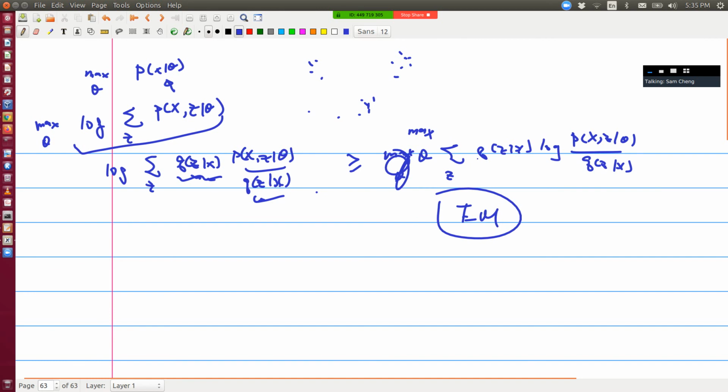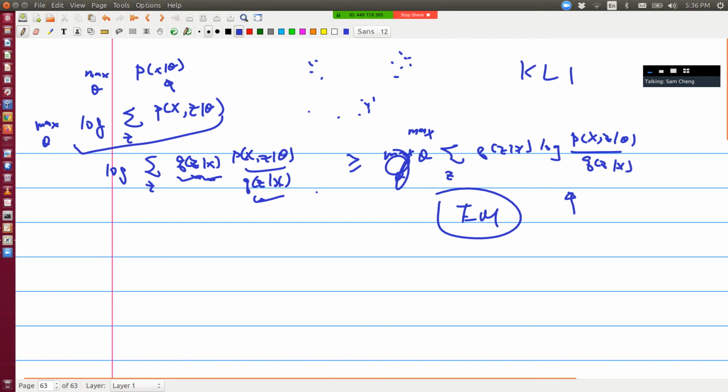We can look in more detail at what the gap is between these two guys here. By the way, I want to point out that there's a name for this. It's not KL, if you remember, KL is different.